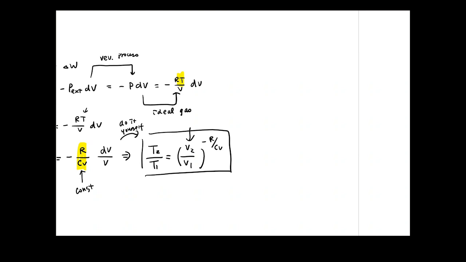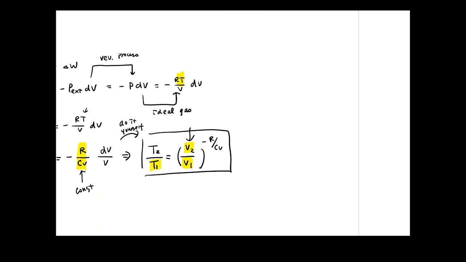With that being said, this equation tells you, if you know your V2, you know your V1, and if you know your T1, then you can calculate your T2.